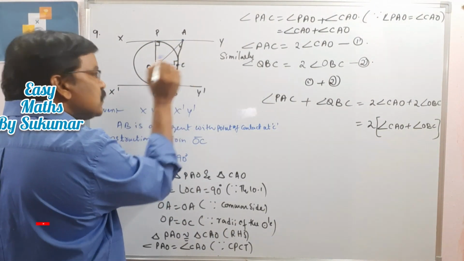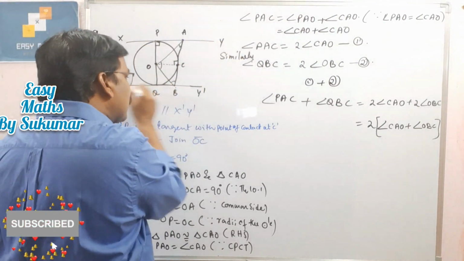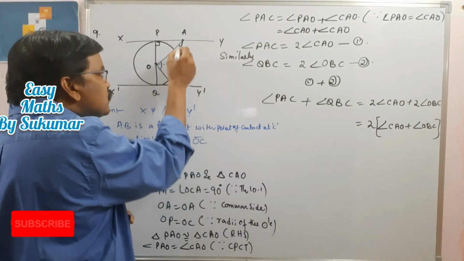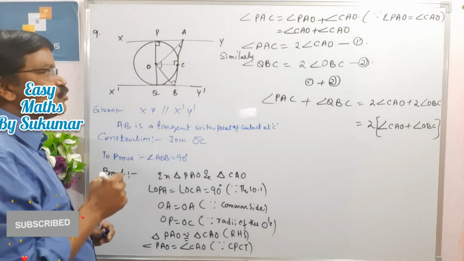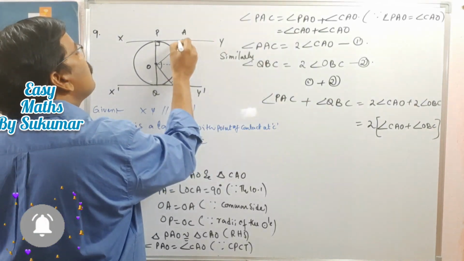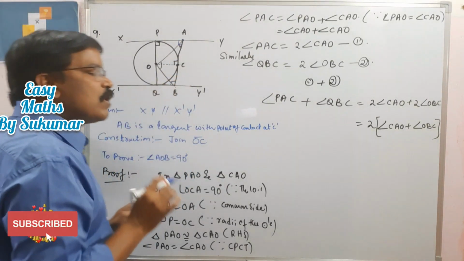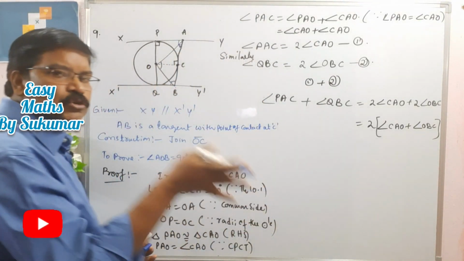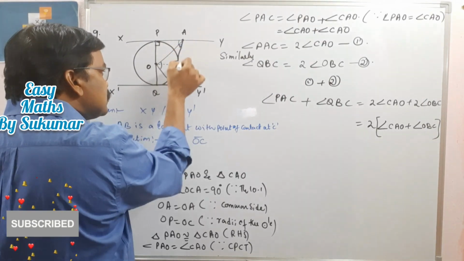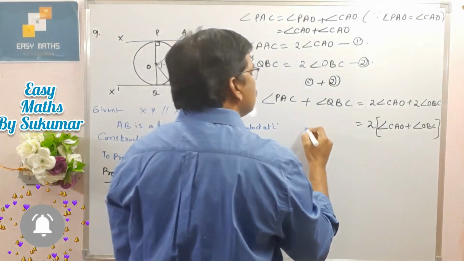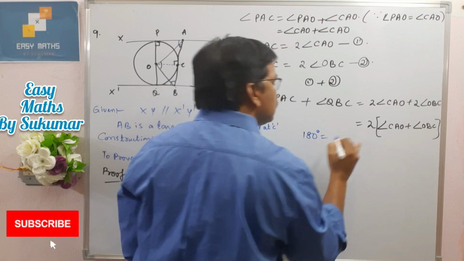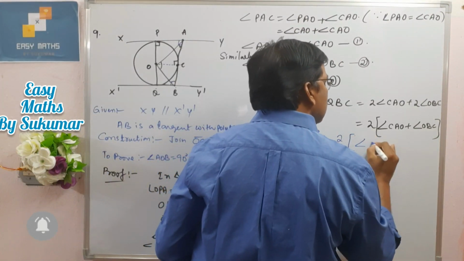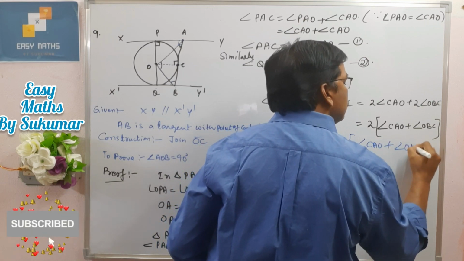Actually, this XY is parallel to X dash Y dash. Just imagine this AB is the transversal. Then what about the sum of these two angles, my dear students? The sum of the interior angles on the same side of the transversal are supplementary. Therefore, according to this concept, angle PAC plus angle QBC is equal to 180 degrees, which is equal to 2 times angle CAO plus angle OBC.